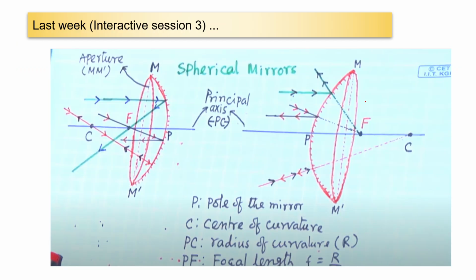Then we discussed various experiments. First we understood the different parts of mirrors and lenses, that there is something called pole and focus, and how parallel rays come and where they reflect.